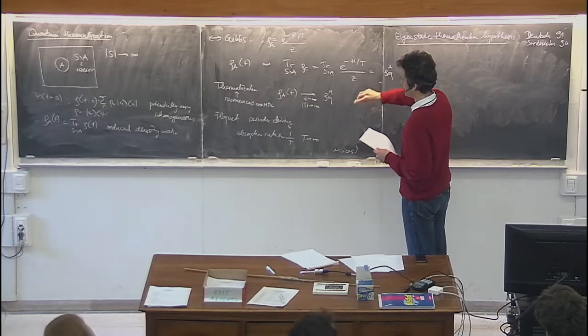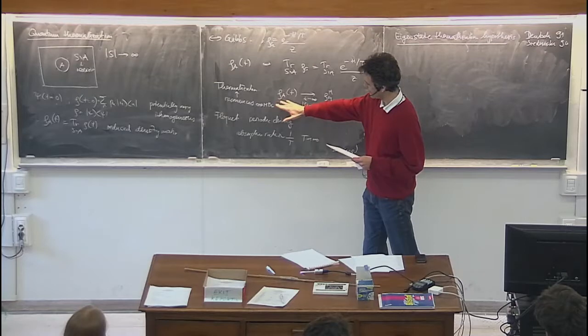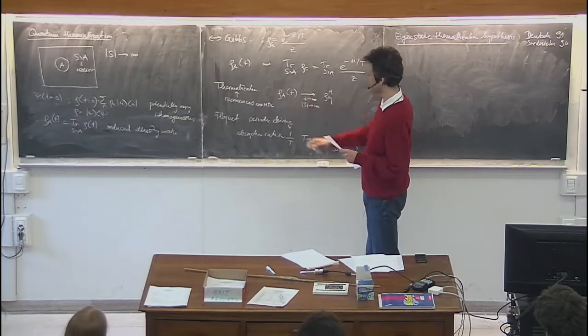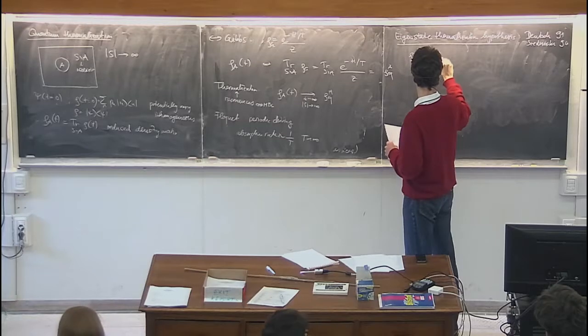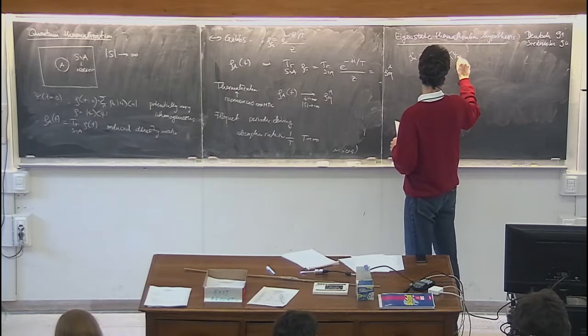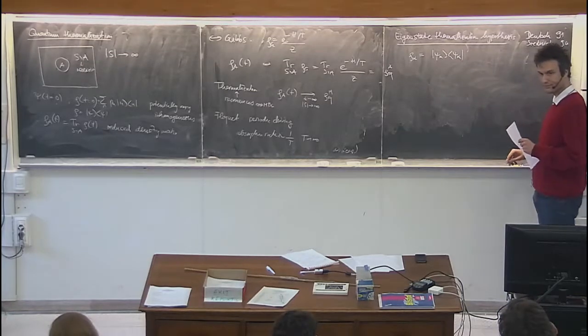Okay, but here we can say if this happens for any state with energy E, let's take an eigenstate. And what is the time evolution of a density matrix of an eigenstate? Alpha, so that starts, that's this thing here. What is the time evolution of this thing?